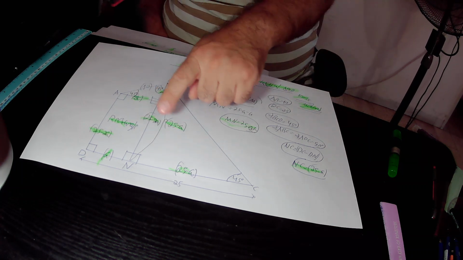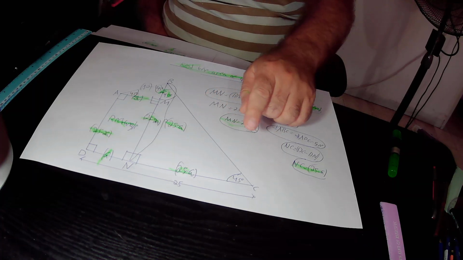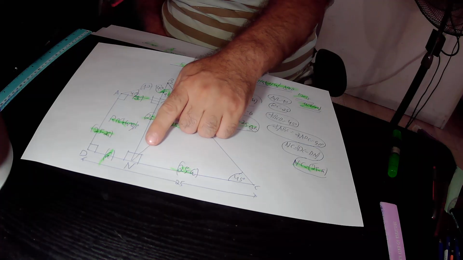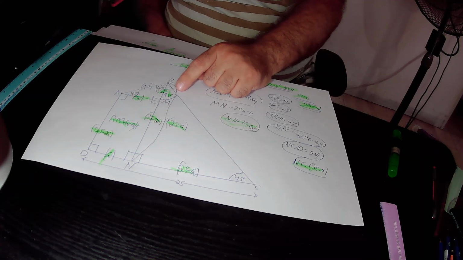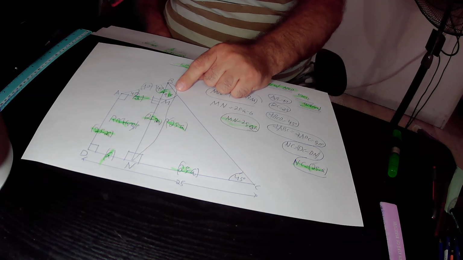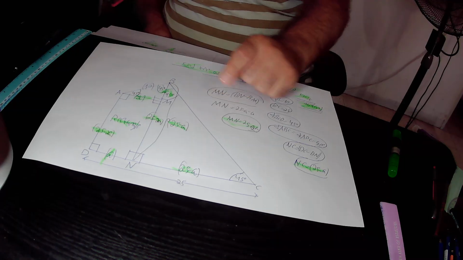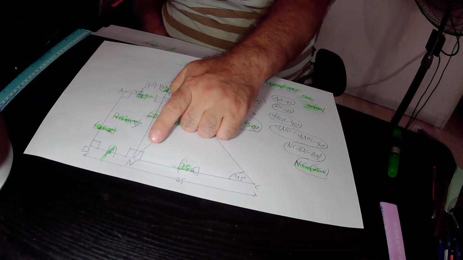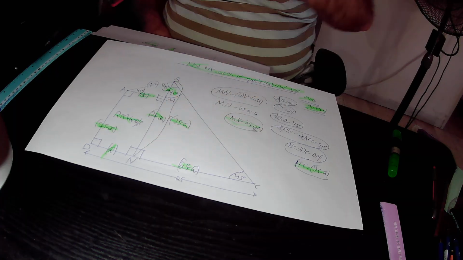This is the right triangle BNC. In the right triangle BNC, this angle equals 45 degrees. This angle equals 90 degrees, and therefore this first angle must be equal to 45 degrees, according to the rule that the sum of the angles in a triangle is equal to 180 degrees. 45 plus 45 is 90, and 90 plus 90 is 180 degrees.